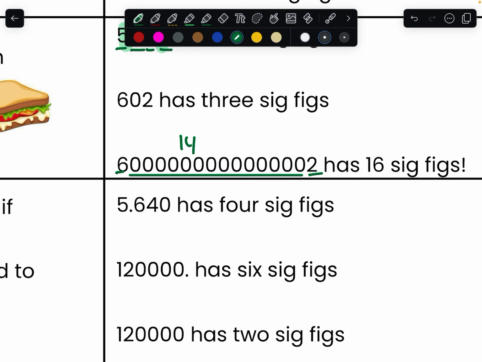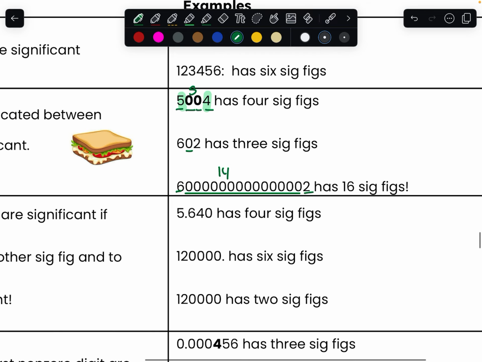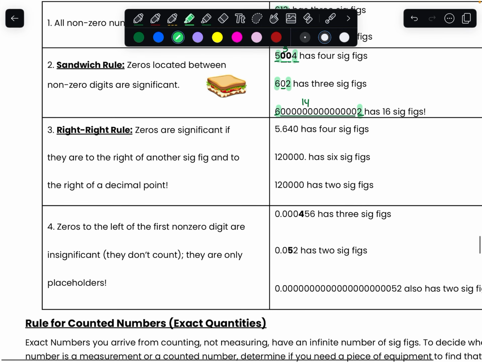So any zero between 2 non-zero numbers is going to become significant. That's why in this 602, this 0 is significant as well. So sandwich rule. I'm going to highlight our non-zero significant digits in green and underline our significant zeros throughout this video.